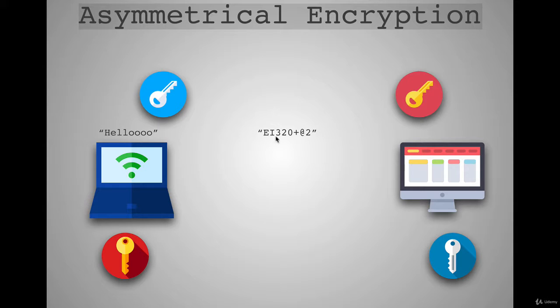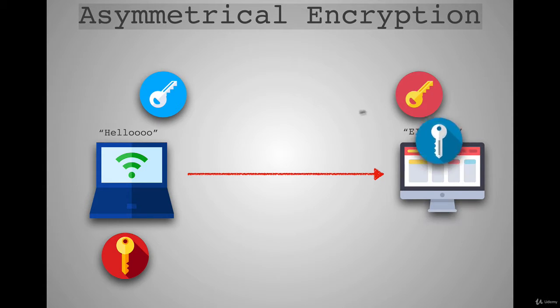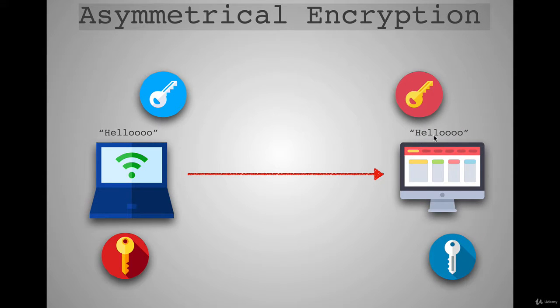It's going to get jumbled up and encrypted like this. And when I send it over to him, well, now he can use his private key because this piece of text was encrypted by the public key. So the private key can decrypt it, do its magic, and then finally get the message, hello.